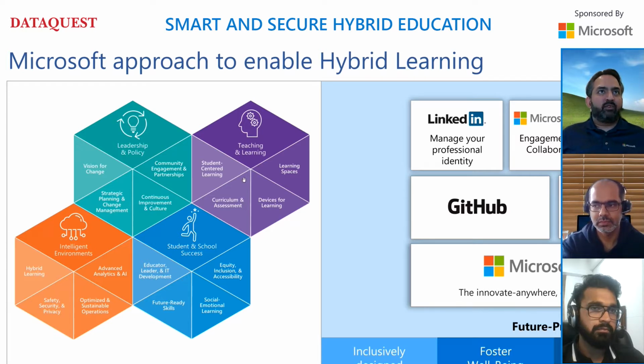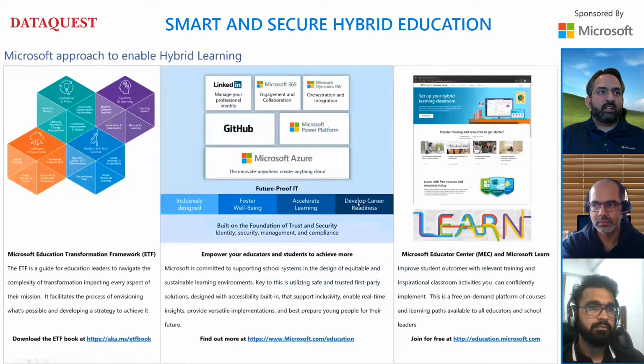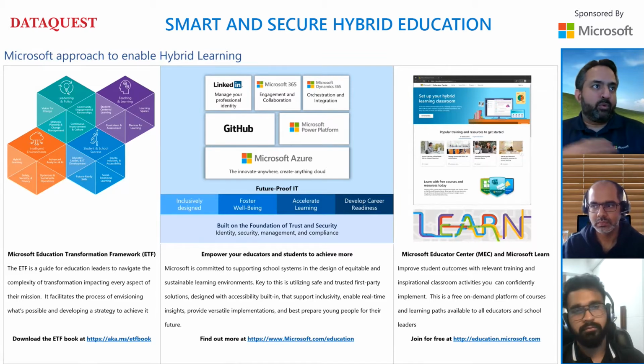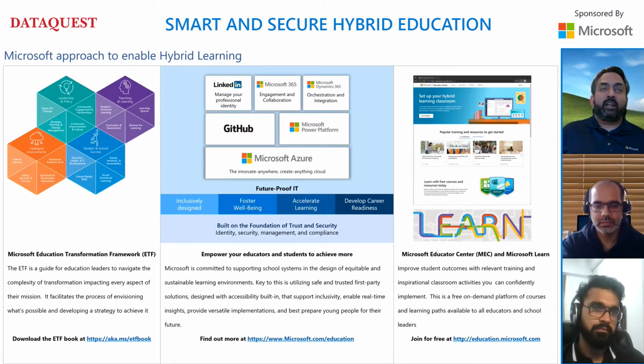It fits in with the rest of the leadership policy changes that we're trying to make in education, so it's a holistic approach. I strongly encourage you to look at it and use what is useful for you. We're not saying that's the only framework. There are many frameworks out there, but whatever works for you, happy for you to take and contribute back to the community as you see fit.